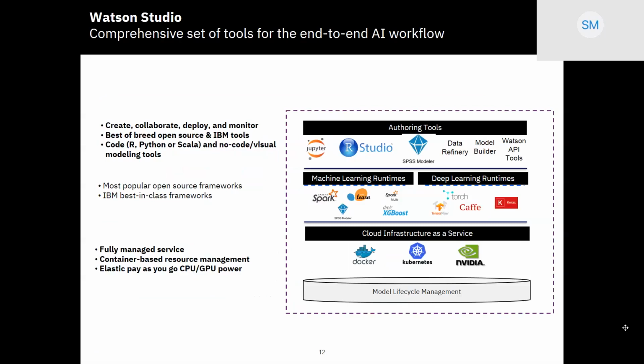Across the different life cycle of model building and deploying it. So it lets you create the model, collaborate across, and then deploy them and monitor them continuously. All of these tools that you see here are best-of-breed tools and also include the IBM value add such as SPSS Modeler.